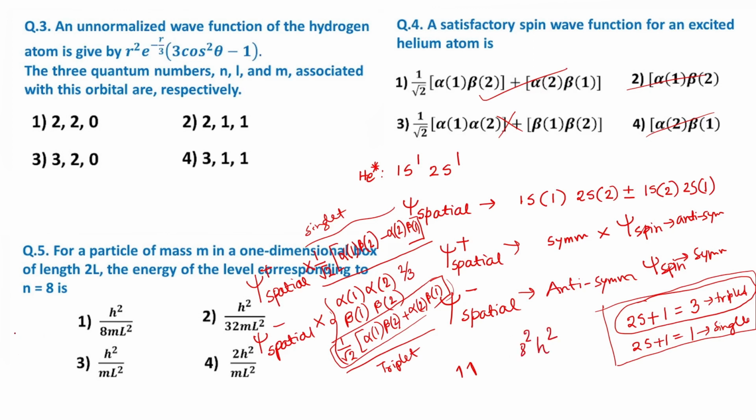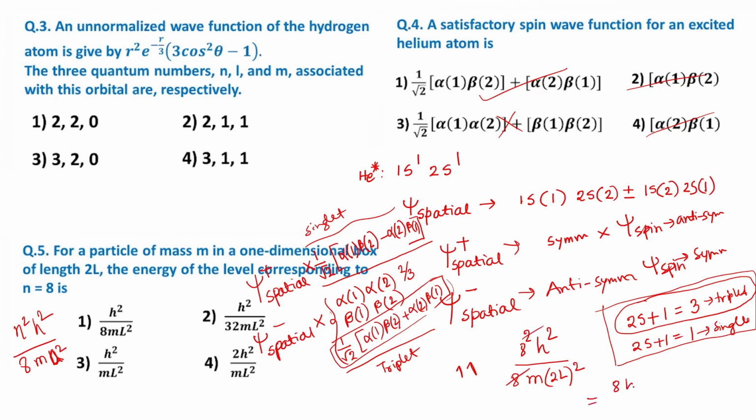Let me first write the formula: n square h square by 8 m l square, right? If the length is l, let me write l square, then it will be better. Now here I am writing 8 square h square by 8 m 2l square. So one 8 is gone.